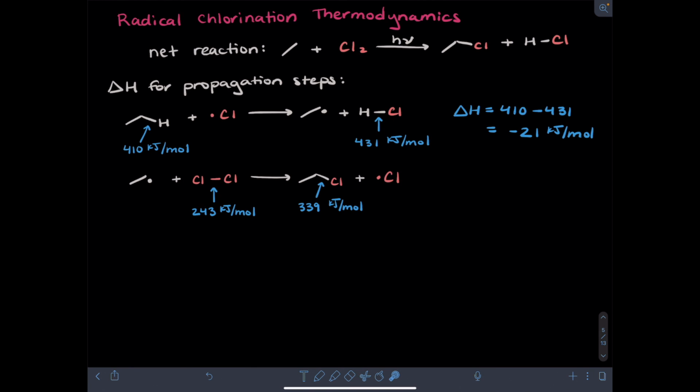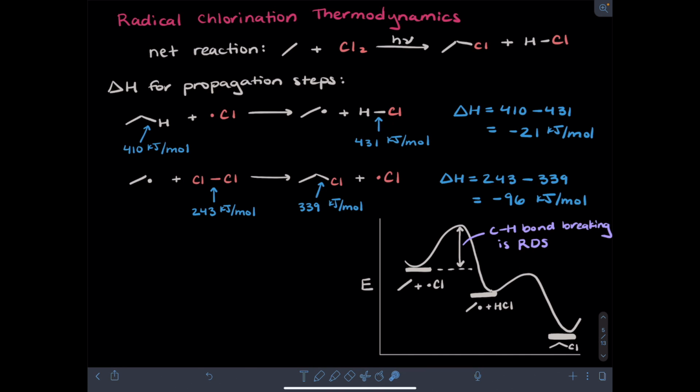Here are the bond dissociation energies for the chlorine-chlorine bond and the carbon-chlorine bond that's formed. Calculating delta H for this reaction step, I take the chlorine-chlorine bond strength, the bond broken, minus the carbon-chlorine bond strength, the bond formed, and I get negative 96 kilojoules per mole. So this step as well is exothermic.